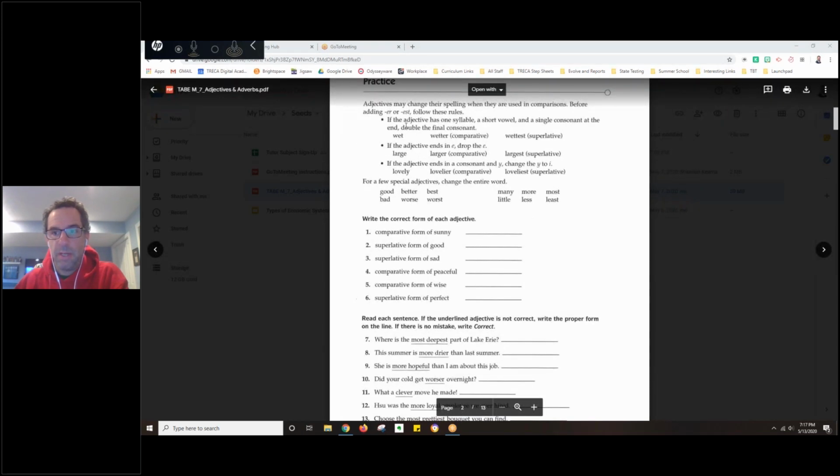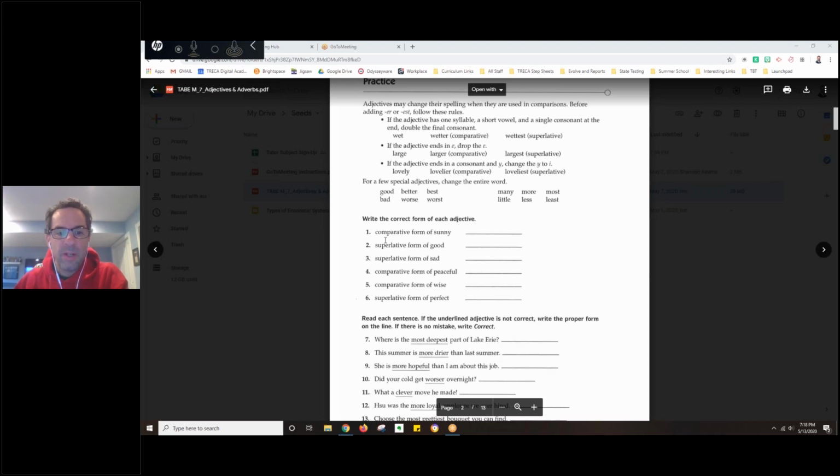The first example here is the word wet. Wet has one syllable. So it says if the adjective has one syllable, a short vowel, and a single consonant, double the final consonant. These are just a couple of the adjectives that we'll run across that might change their spelling.